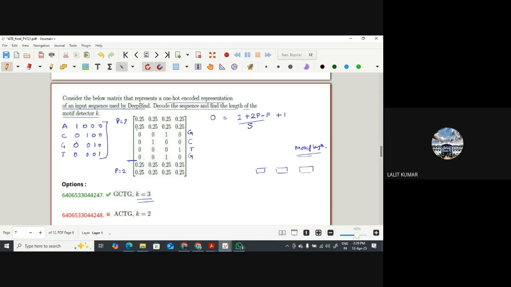Motif length is the length of the motif we are trying to find. Sir, they have given us the motif length, right? If you look at the number of rows in the data, that tells you the length of the sequence. So you can extrapolate from that, right? I'll tell you how we get this answer.